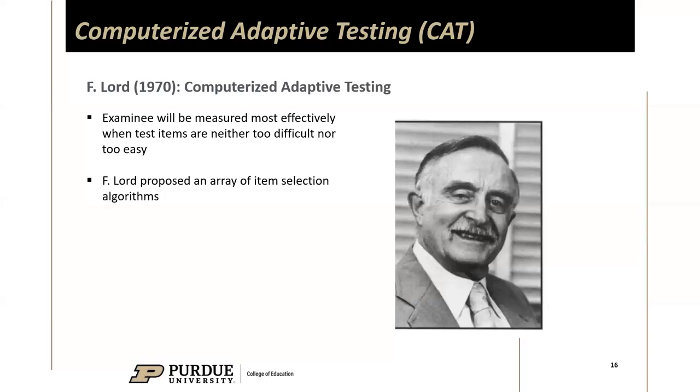If the student answers all the items incorrectly, of course, you do not have any information about the student. So we try to make students sometimes answer correctly, sometimes incorrectly, then we get information. So Fred Lord was the founder of computerized adaptive testing. He is one of the pioneers who proposed some mechanisms, some formulas.